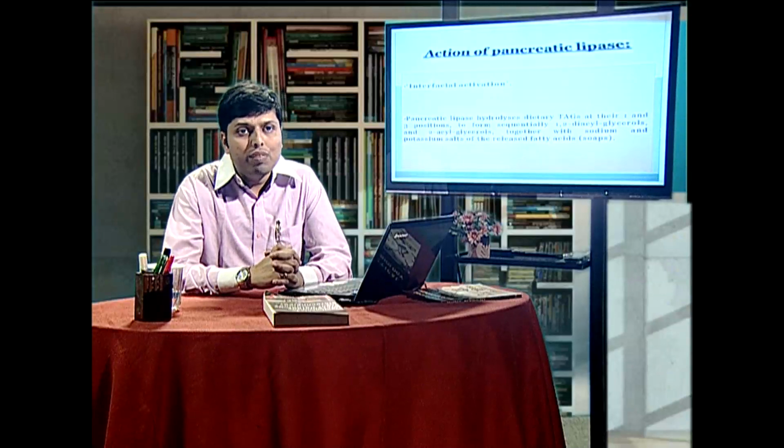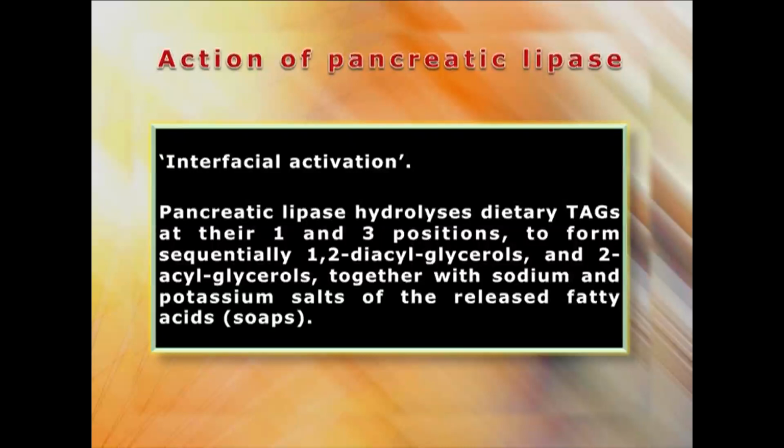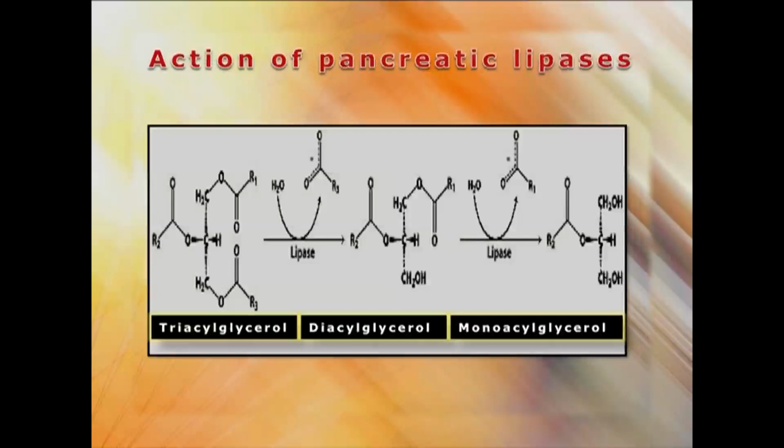Coming to the action of the pancreatic lipases, they get enzymatically activated once they come into contact with the lipid-water interfaces. This is known as interfacial activation. Pancreatic lipases usually cleave a triacylglycerol at its carbon number 1 and carbon number 3.